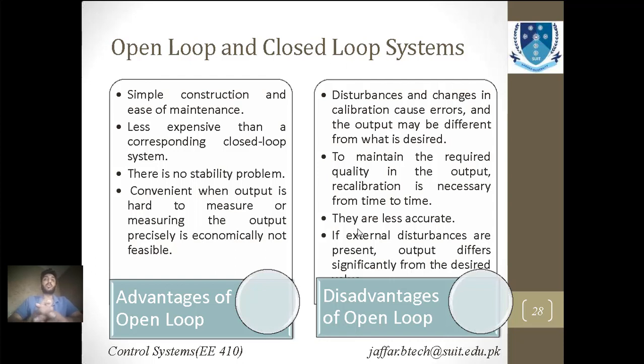But in a closed loop system, there is constant feedback, and you will have the best knowledge about the output. The results of a closed loop system are more accurate, but the cost we are paying will be about money, and that money will be invested to buy good sensors or feedback, so that the value of the output will be a real value, and you can manipulate or control different parameters or variables through the controller.